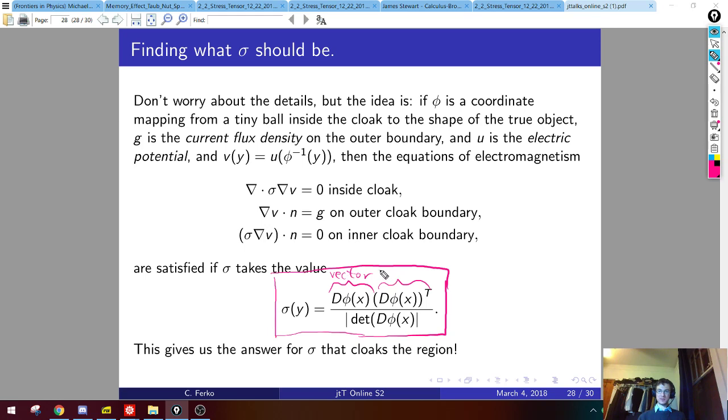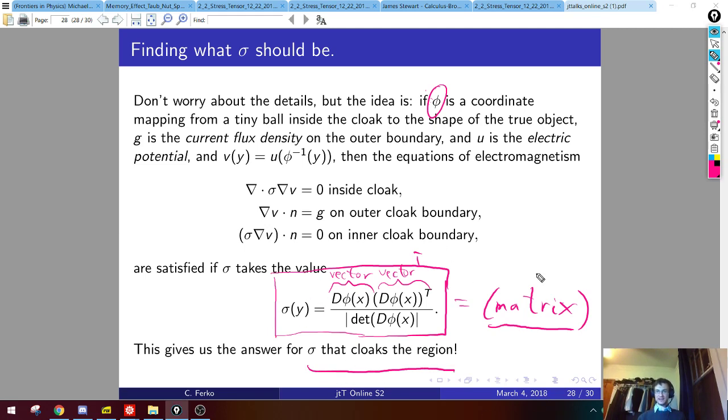A vector times a transpose of a vector gives you a matrix, which is not especially important, but the point is that there's just some answer you can calculate if you know what the coordinate transformation is. Even if these details are very confusing, all you need to know is that the input to this recipe was the coordinate transformation, and the output was the answer for sigma, the matrix that we need that cloaks the region.